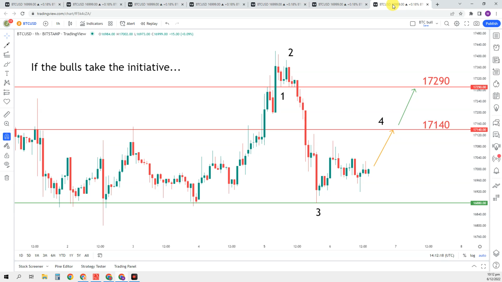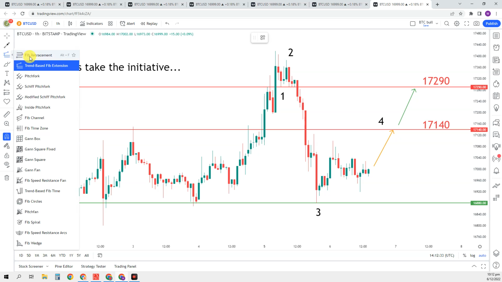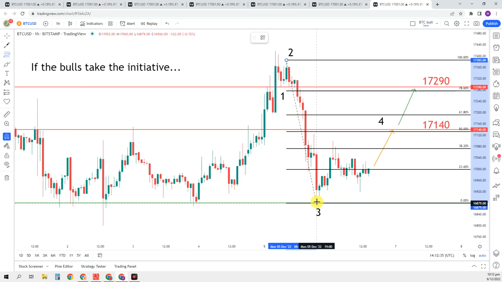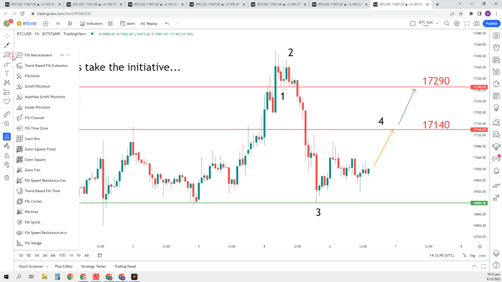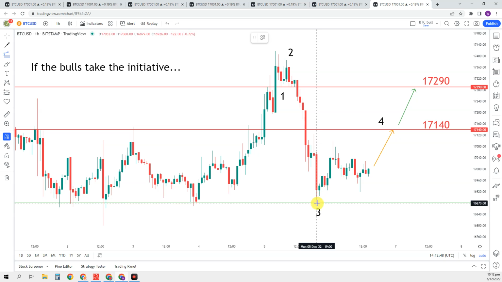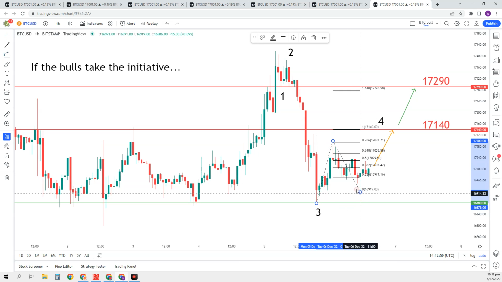But if the bulls take the initiative to go higher, we can see the bulls will charge for the level at 17,140. This measurement is taken from the retracement of the wave 4, so it is the extended target of the wave 4, which is the 50% level. And also, if I do a one-time projection for the internal wave, you can see that the one time lies at 140.